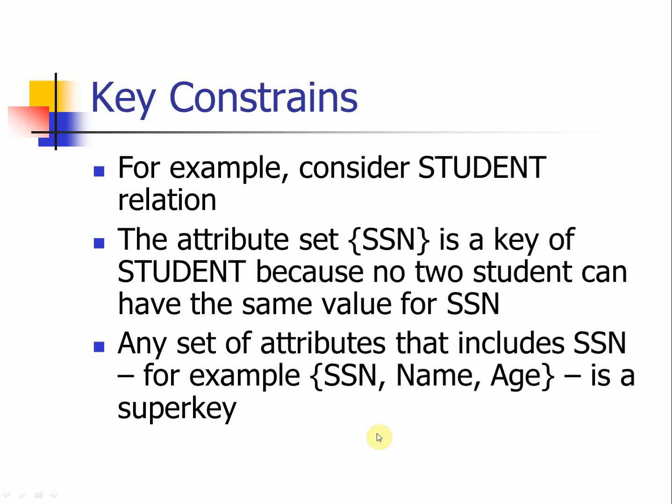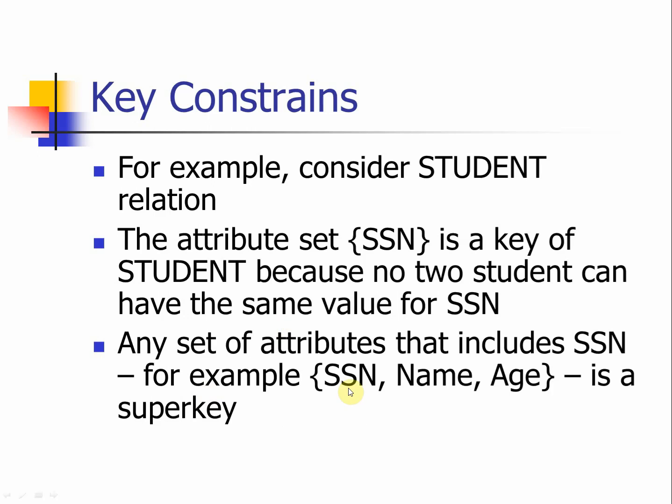Let's take a look at a few examples to understand it. Say now we have a student relation. The attribute social security number is obviously a key to the student relation. It is also a superkey because we pick only one attribute that forms a superkey to the student relation.